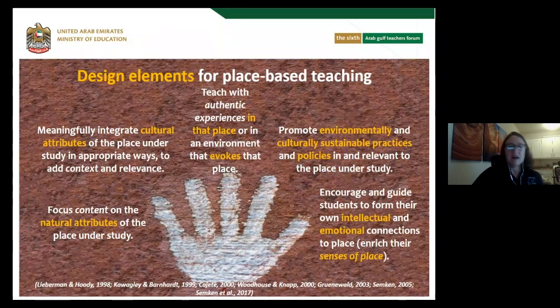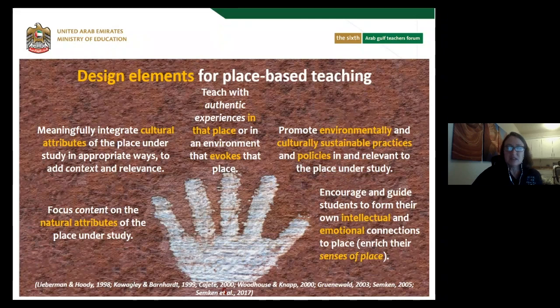And then moving around in a clockwise direction, how do we meaningfully integrate the cultural attributes of the place in ways that are appropriate and that add context and add relevance? So now we have 2 of those design elements, the natural attributes and the cultural attributes. And as we are thinking about teaching about those places, connecting to our content, we want to teach with authentic experiences.